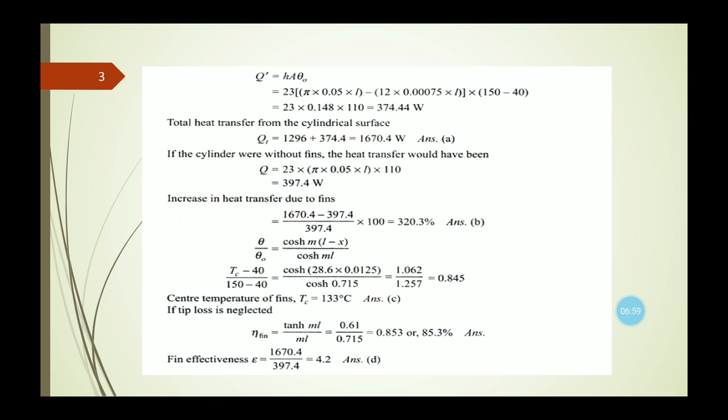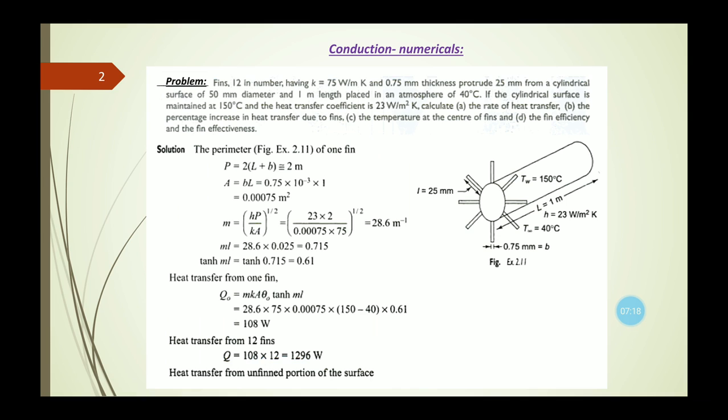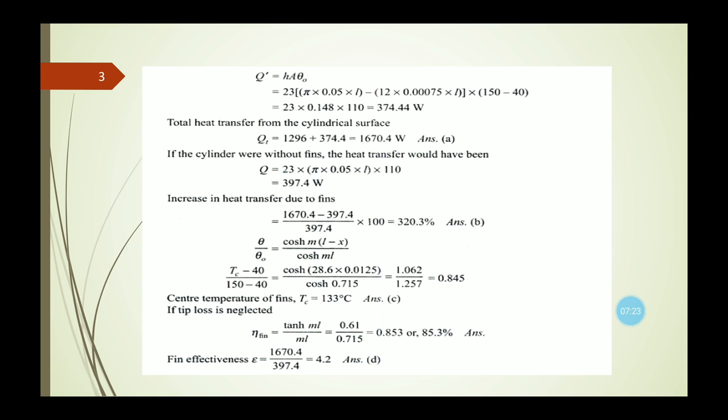A is the area, and this theta naught is actually the difference between the temperatures. Now this area we need to calculate wisely, because this area is only for the unfinned portion of the surface. So that's why we have just subtracted the 12 fins' area here.